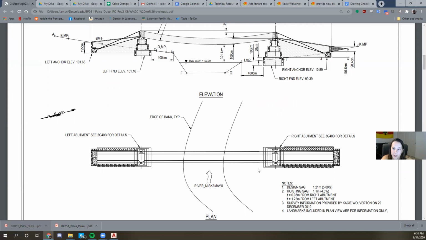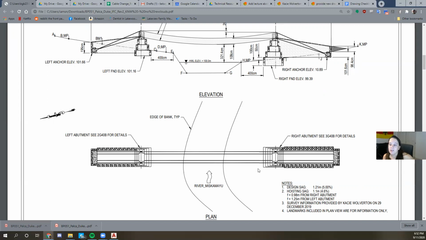If you're wondering why we don't use that for freeboard as well: if we put freeboard at the 6.1% sag of live load, it jacks up the loads like crazy and makes the bridges unfeasible to build.